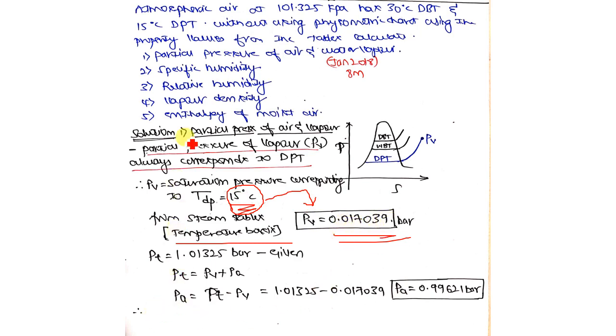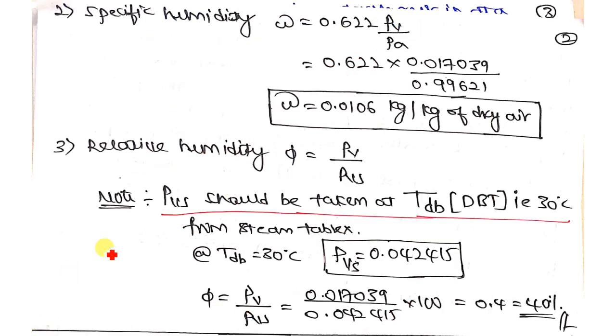So the value of PA is this much. Once you have the values of PV and PA, you can calculate the specific humidity, which is given by this particular formula here. Substitute the values and the calculated value was 0.0106 kg per kg of dry air.